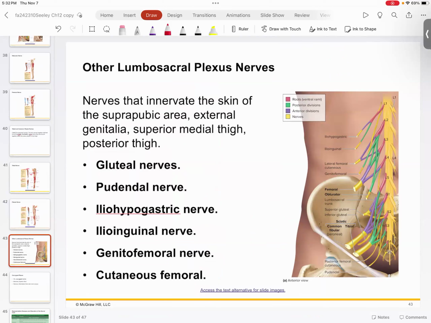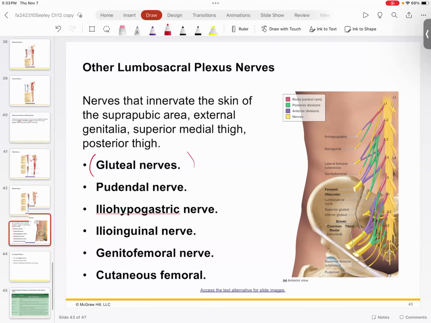So some of the other types of nerves that are coming off of this other area that are important. So the gluteal nerves, right? Obviously, those go to the gluteal muscles. The pudendal nerve, the ilioinguinal, the inguinal canal that's associated with your ilium, the inguinal area where it basically kind of moves into the body.